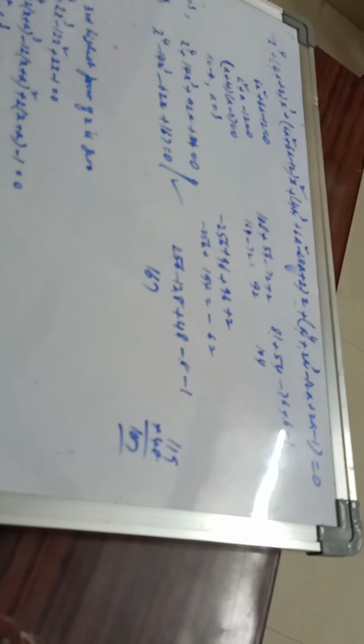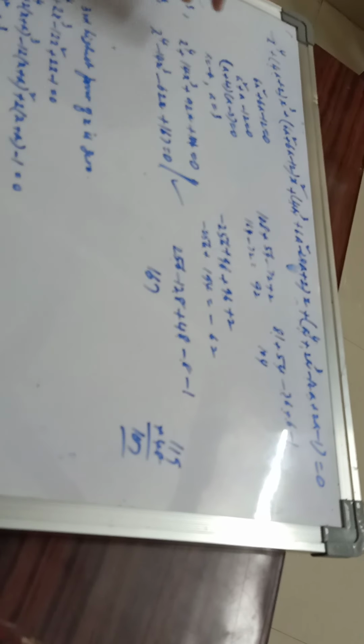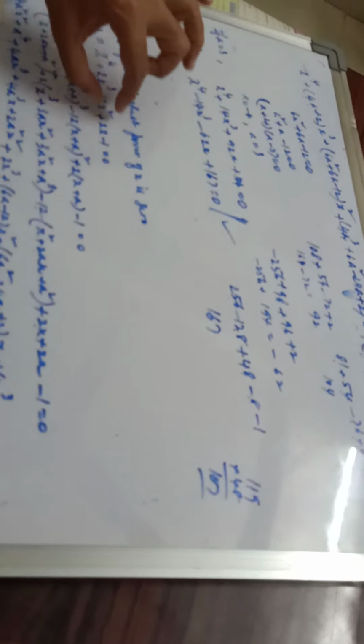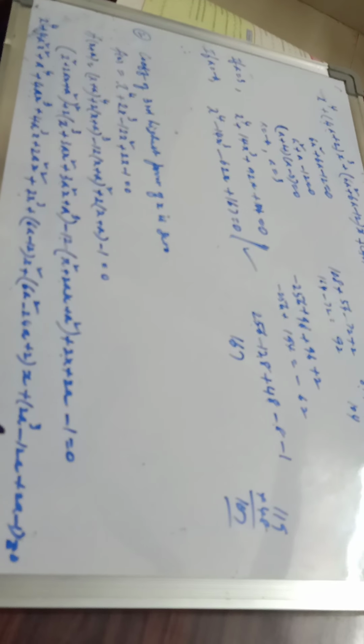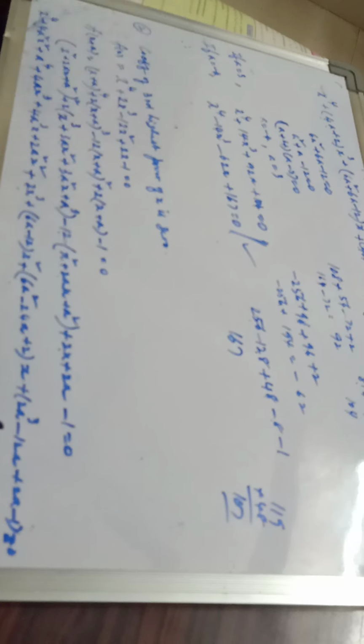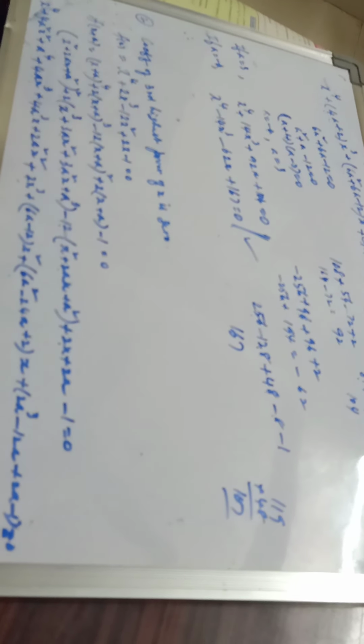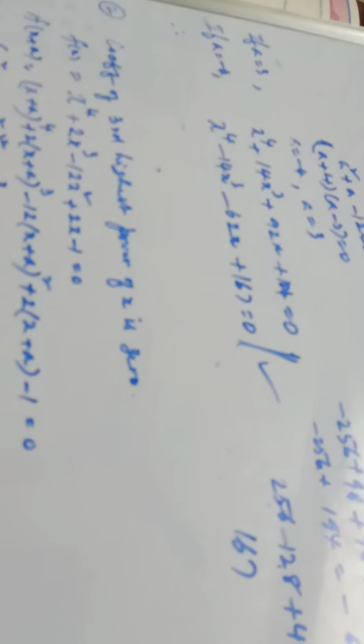So these are the two equations that we get when this equation is transformed to another equation which has the coefficient of the third leading term 0. That means which has no x squared term. These are the two answers that we get here. So this is about the transformation of equations.